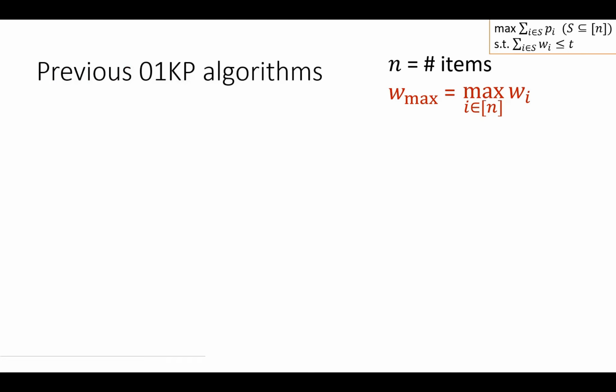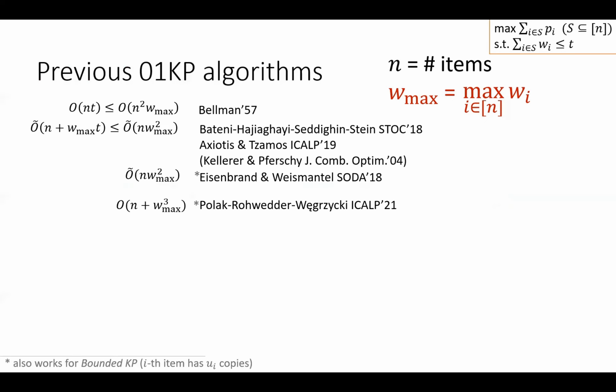Now let's look at previous algorithms for 0-1 knapsack with respect to the Wmax parameter. We can see that there were a lot of results that achieve cubic dependence on n and Wmax. In particular, this paper by Polak, Rohwedder, and Węgrzycki in STOC21 achieved n plus Wmax cubed running time.